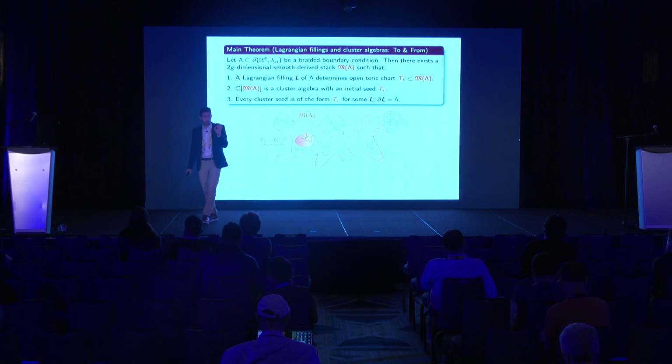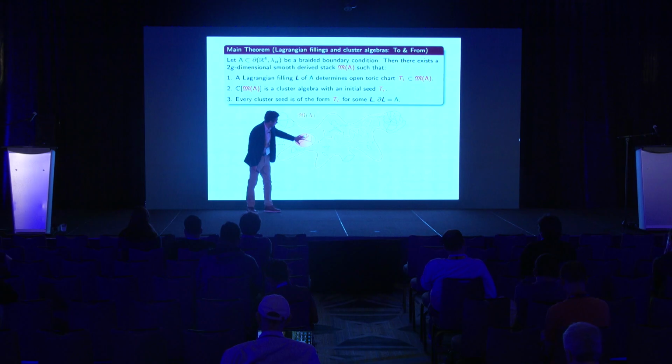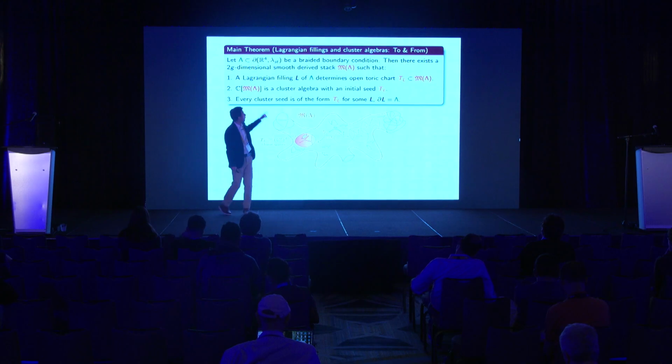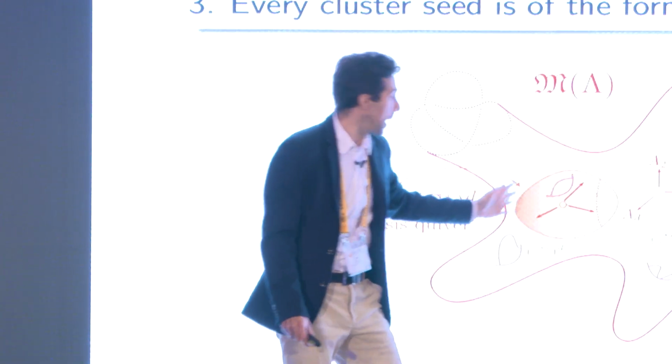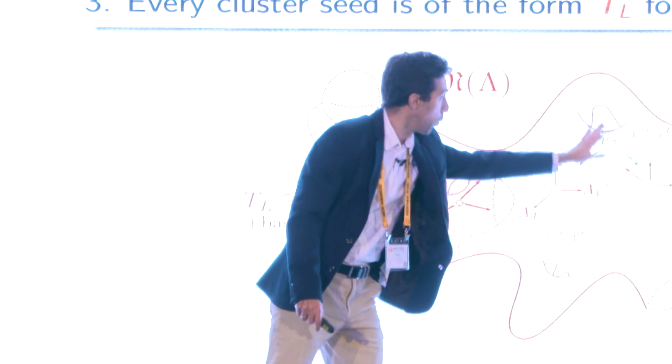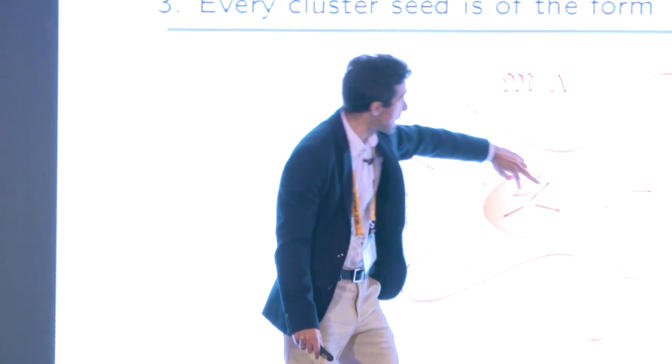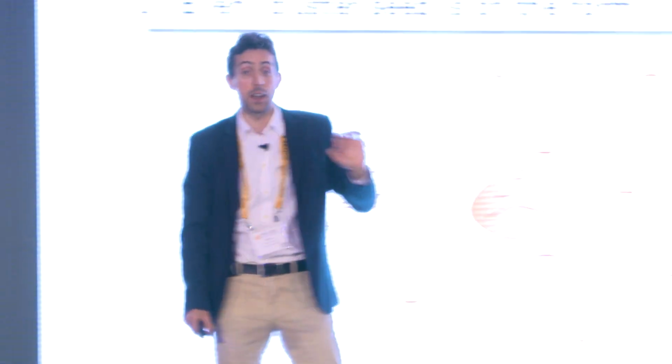How does that formula come to be? Well, the specific formula comes from the fact that for every toric chart, being a cluster algebra is also asking that you have a coordinate system. So part 2 is about a Lagrangian filling will not only give you a toric chart, it will give you a toric chart with a coordinate system in it, in a way that you can cover the manifold with toric charts like this one, and such that the transition functions are very specific.